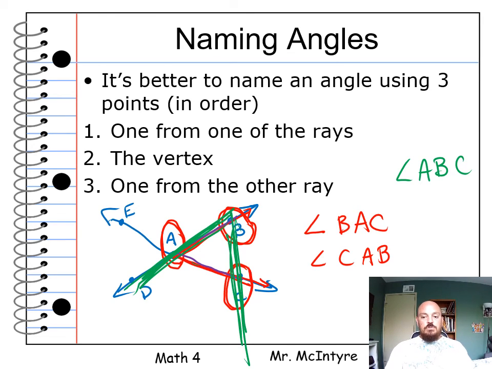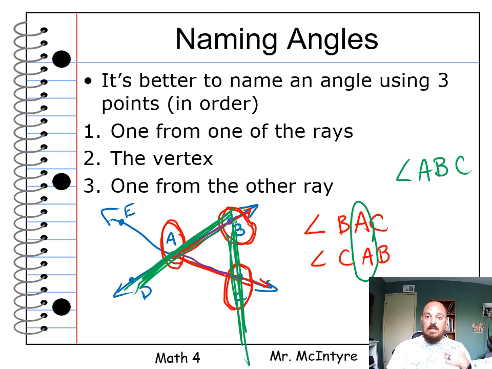And you're drawing a whole new angle that wasn't even in the picture. So that's what's important about naming angles. You want to use 3 points. You want to use 1 point on each ray and the vertex. And what's very important is the vertex has to be in the middle there. Vertex is always in the middle when you're naming angles.